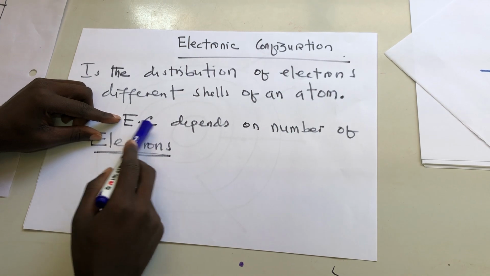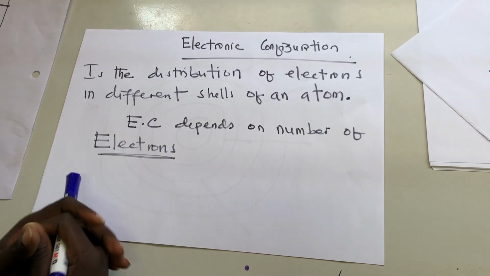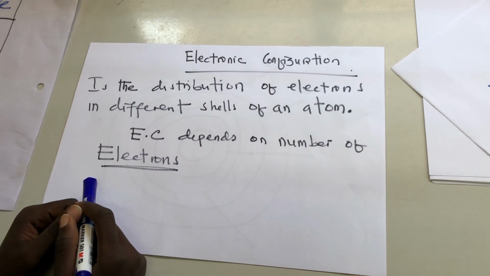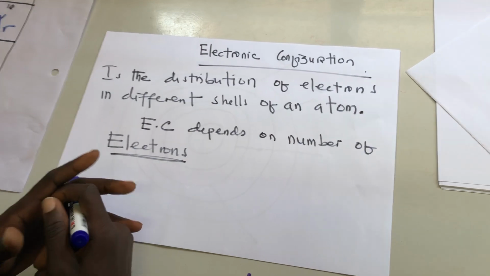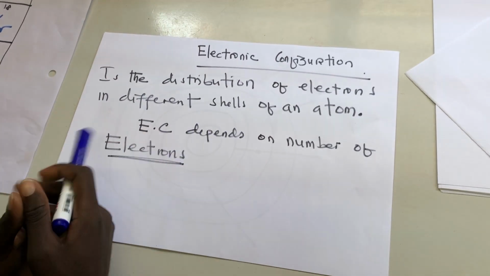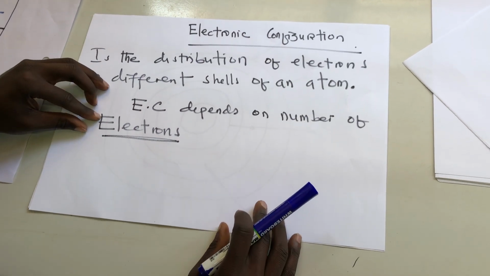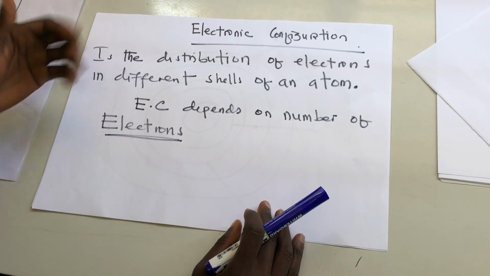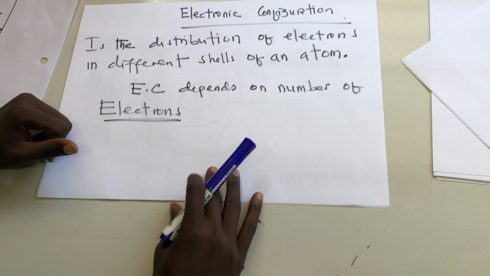But electronic configuration depends on number of electrons. Kwa hiyo hauwezi draw electronic configuration kama hauna number of electrons. Kwa hiyo ili uweze draw electronic configuration au ili uweze kuandika electronic configuration, first step lazima uweze kufahamu number of electrons, jinsi gani utapata number of electrons, then after utaweza kwenda draw electronic configurations.